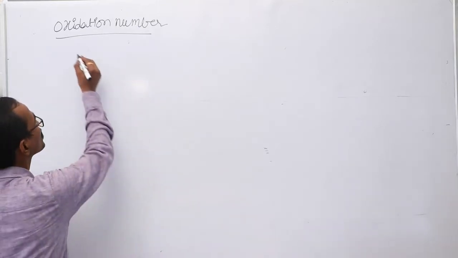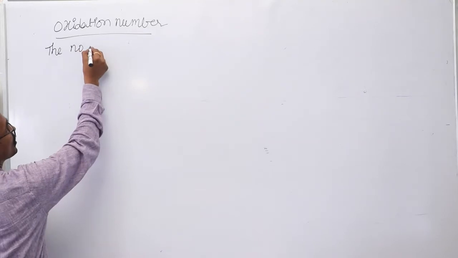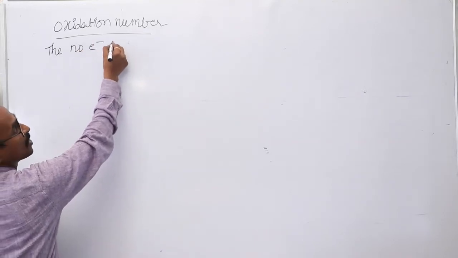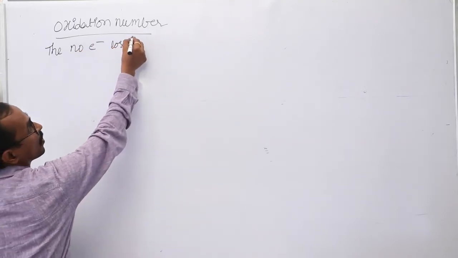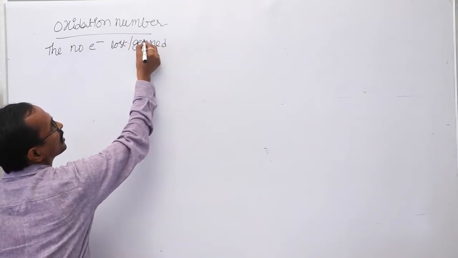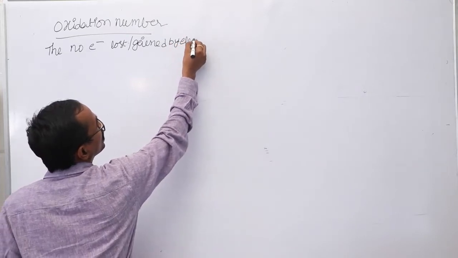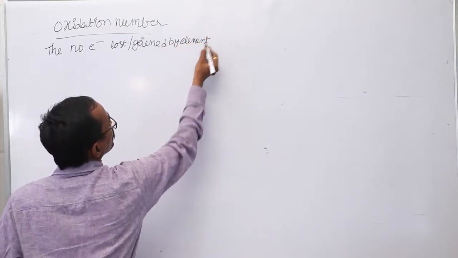Oxidation number means nothing but the number of electrons lost or gained by an element during the formation of a molecule.